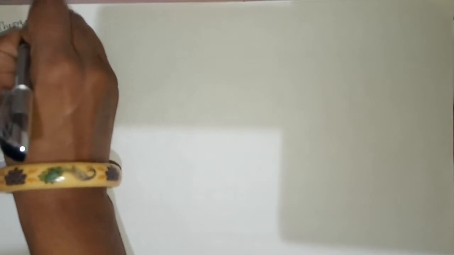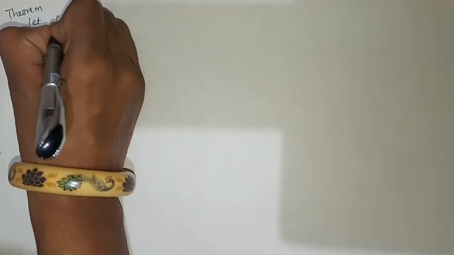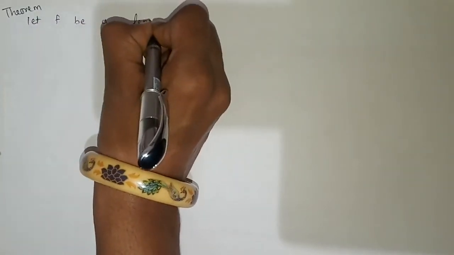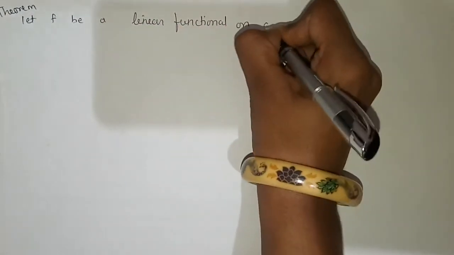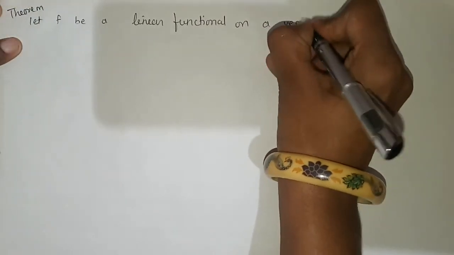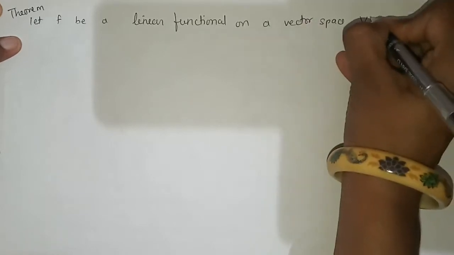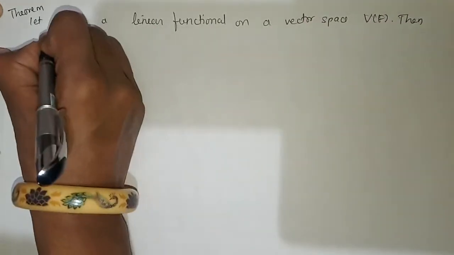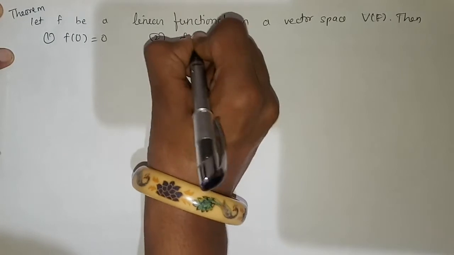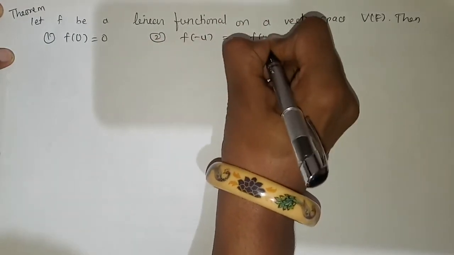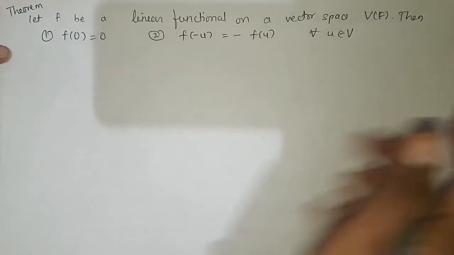Now we have a theorem. Theorem: let f be a linear functional on a vector space V over F. Then the first one is f(0) is equal to 0, and the second one is f(minus u) is nothing but minus f(u) for all u belongs to V. So we have to prove this.